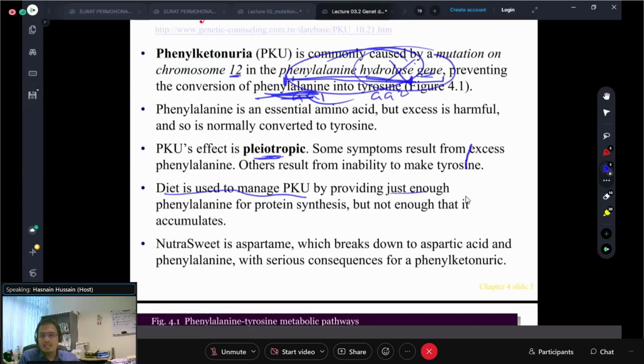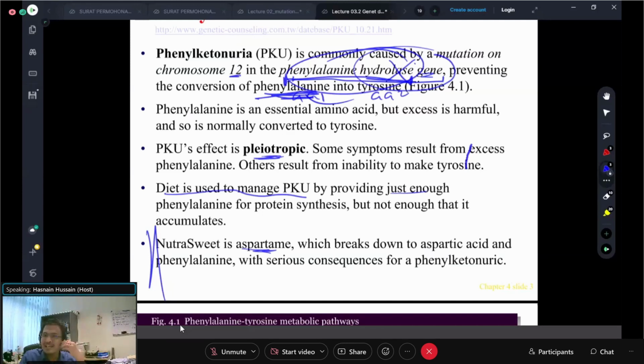Okay, and then this one actually is a side note. It's just to inform you of one of the effects that can be seen: NutraSweet is an aspartame. Okay, aspartame is a substitute sugar, fake sugar, for example, for those with diabetes, they cannot take sugar, right?